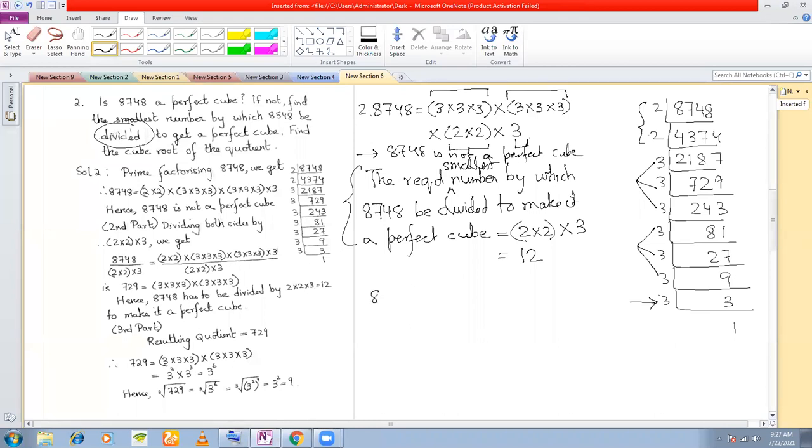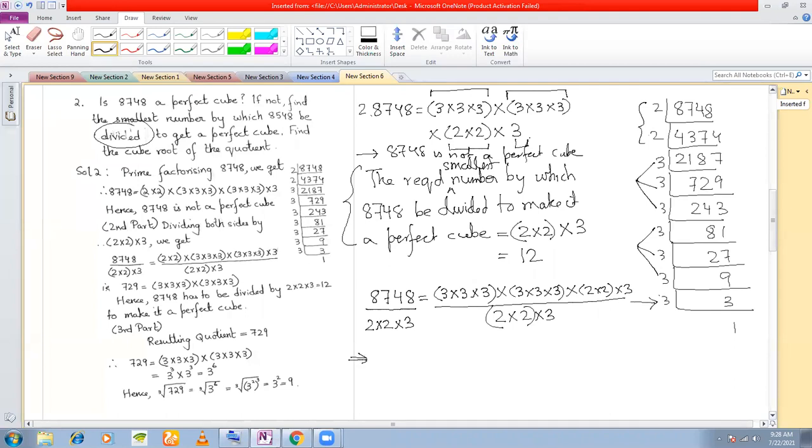So what you do here is 8748. By what number are we dividing this? We are dividing this by 12, right? 12 is 2 into 2 into 3. And we are dividing this also by 2 into 2 into 3, isn't it?